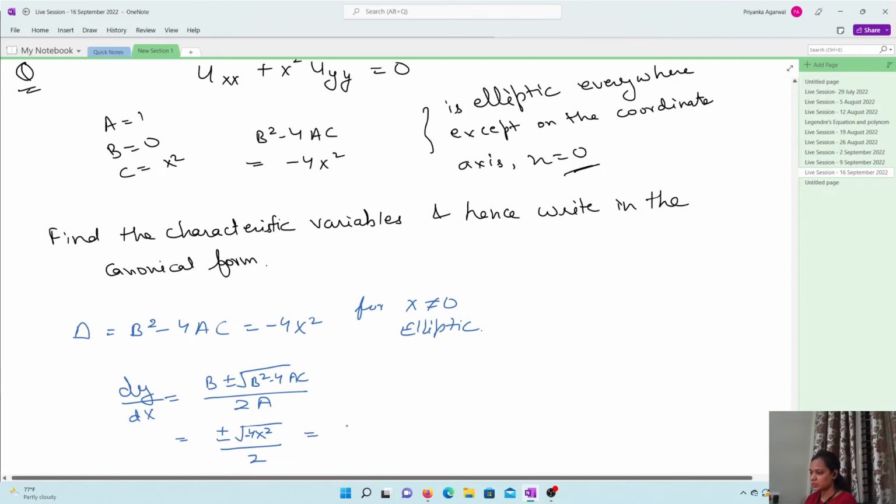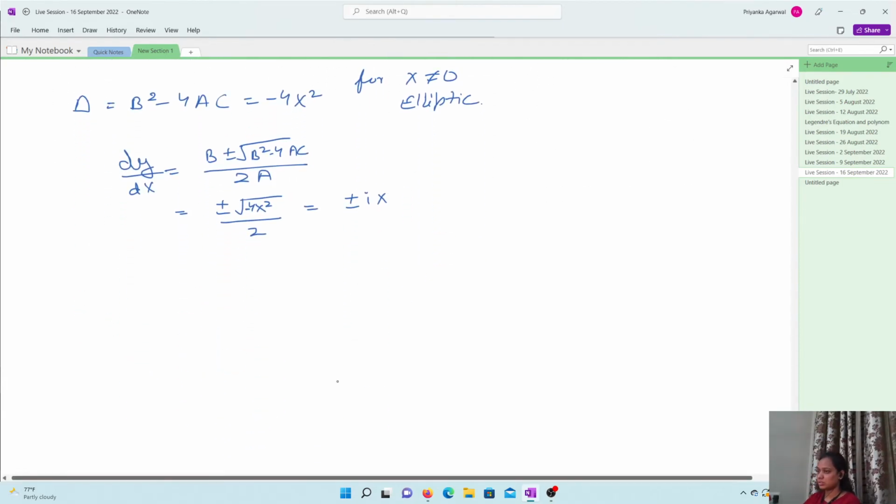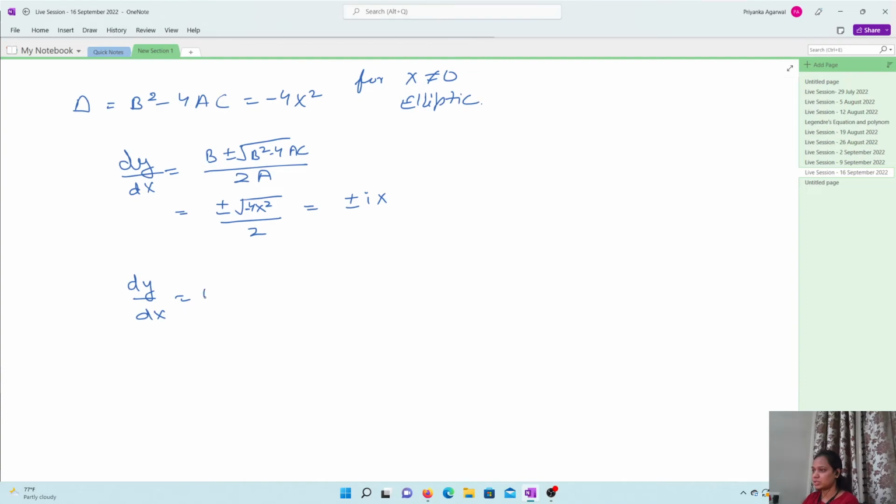So this becomes plus minus iota x, right? So dy by dx is iota x, and the other equation is that dy by dx is minus iota x. Now these are the two characteristic equations.